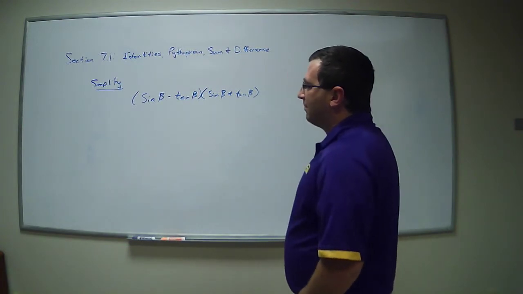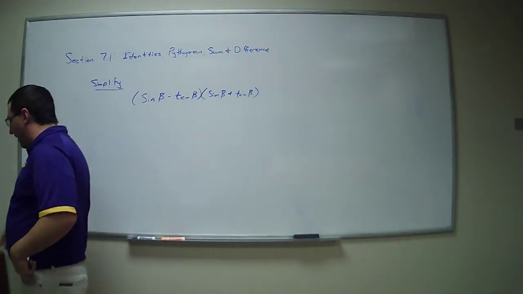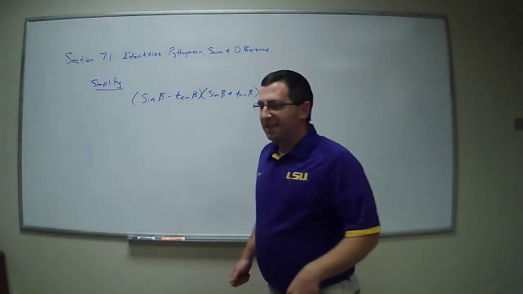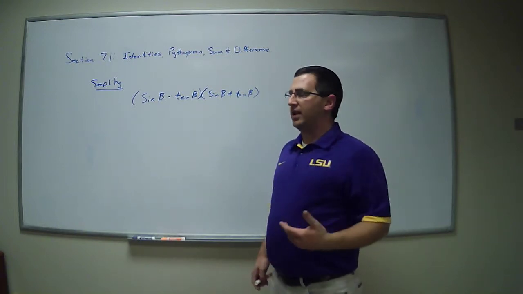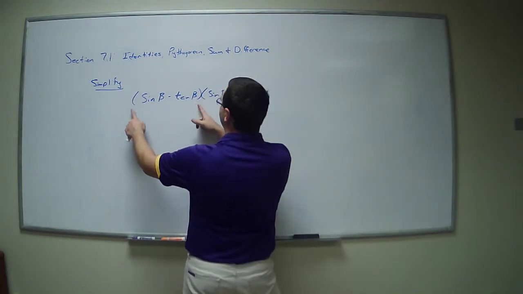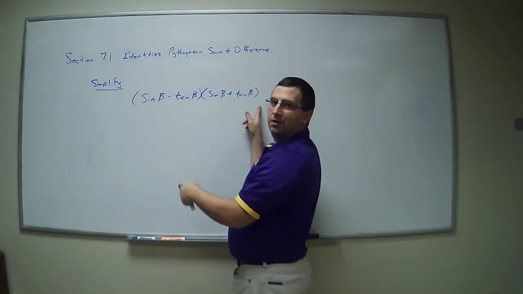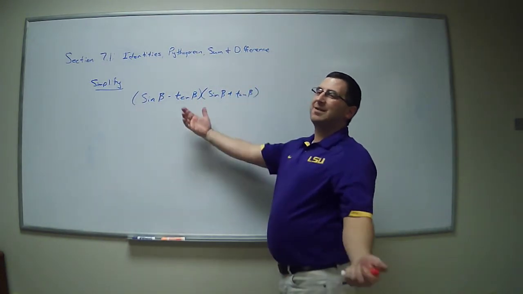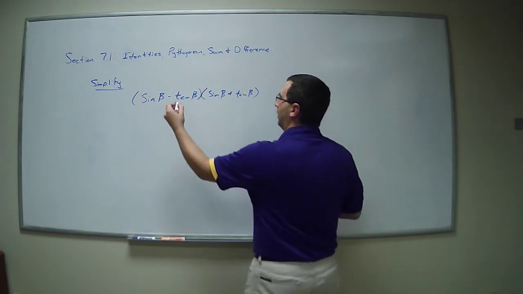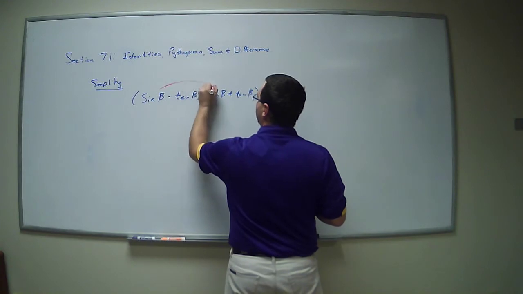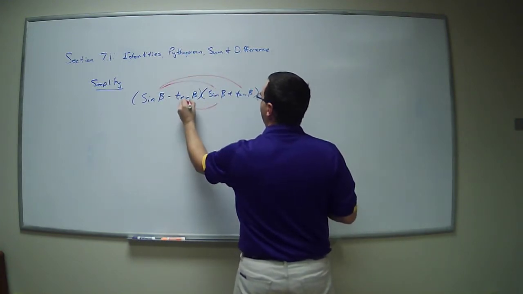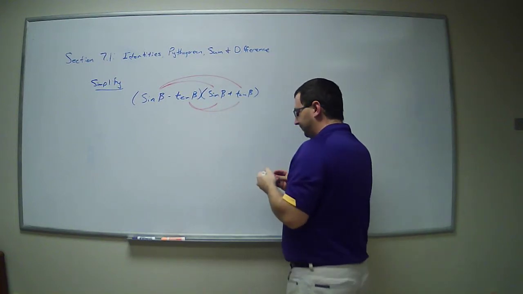So for this problem here, we're going to bring it back to algebra. This is where college algebra really comes into play. Because we have two parentheses that are being multiplied together, guess what? We get to FOIL. Remember your first, outer, inner, last method. Okay, so your first, outer, inner, and last.